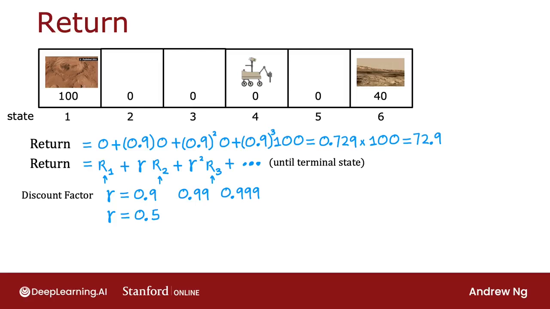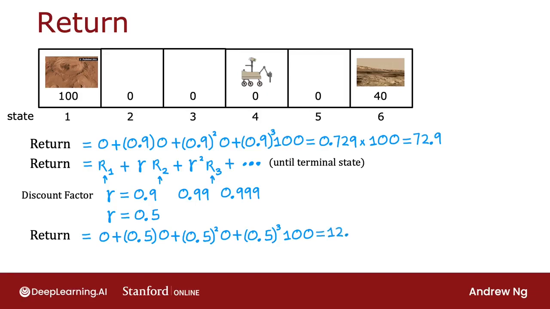And so if gamma were equal to 0.5, the return under the example above would have been 0 plus 0.5 times 0, plus 0.5 squared times 0, plus 0.5 cubed times 100. That's the last reward because state 1 is the terminal state.